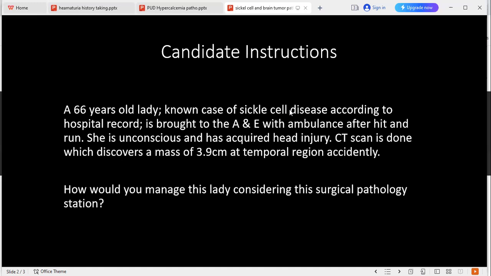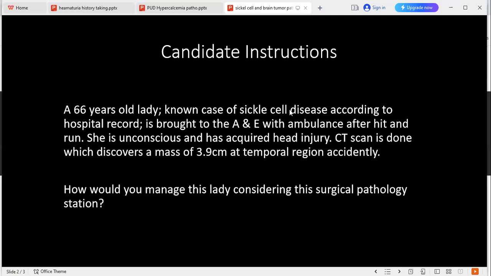Why is it important for you as a surgeon to know about this? Yes, the patient could have background anemia, or she could have a vaso-occlusive crisis simultaneously, because the body is in a stressful condition. So other than that, there could be liver failure and pulmonary hypertension along with that.